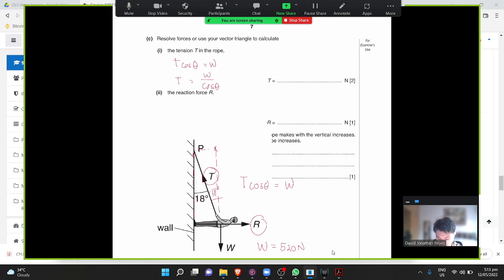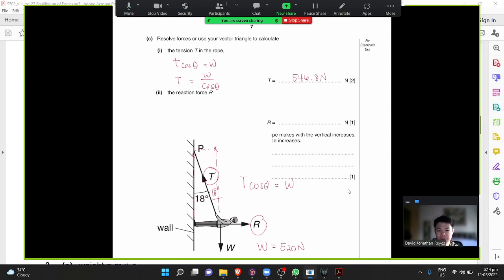That gives you 520 all over cosine 18. The answer is 546.8.